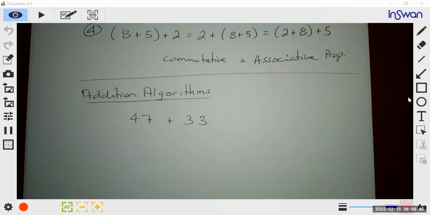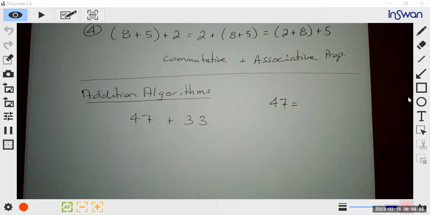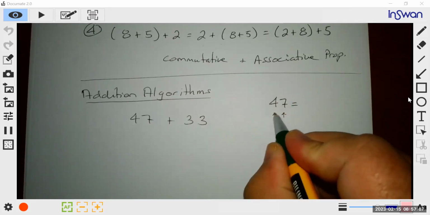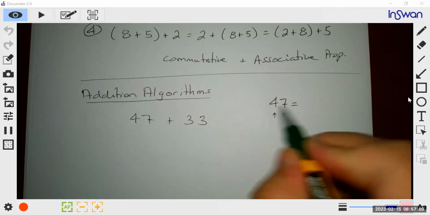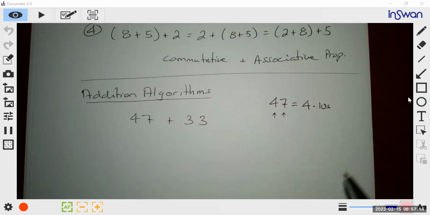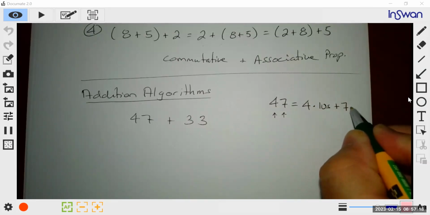One example would be using manipulatives, those little blocks. What does 47 represent? Look at the place values. We have 4 tens and we have 7 ones.